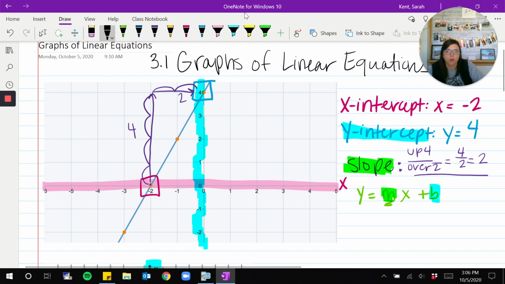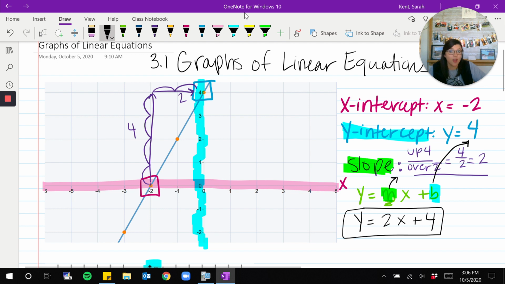So what this would look like would be y equals, m is my slope, which is 2, x plus my y-intercept, which here is 4. And that would be the equation.